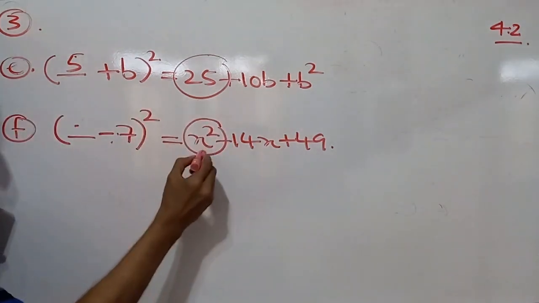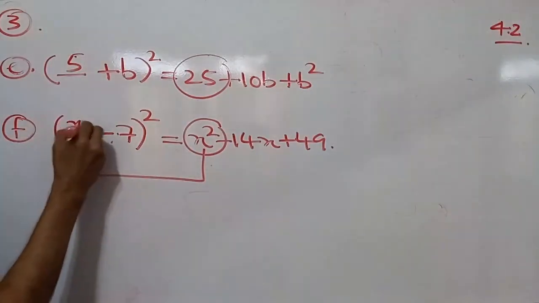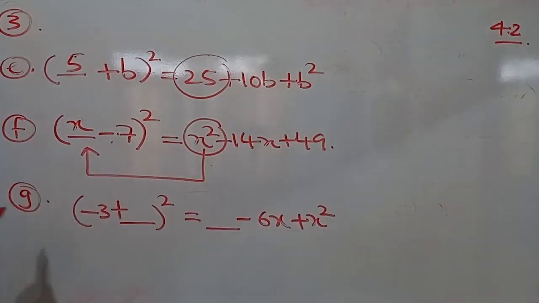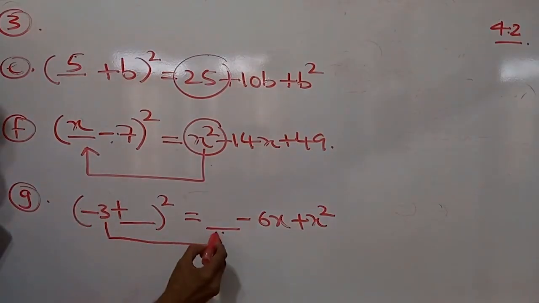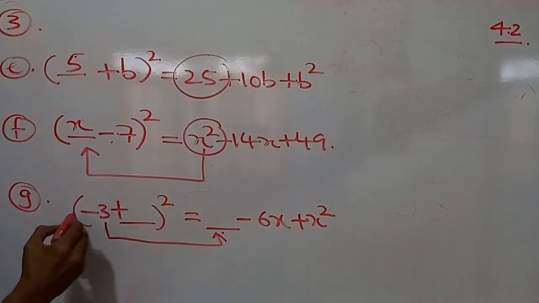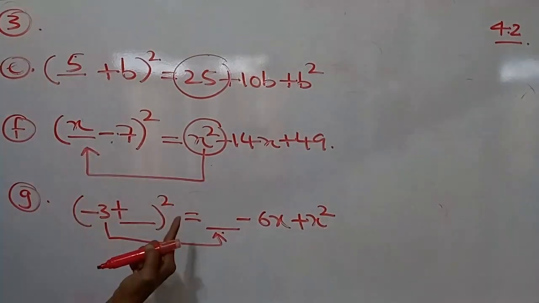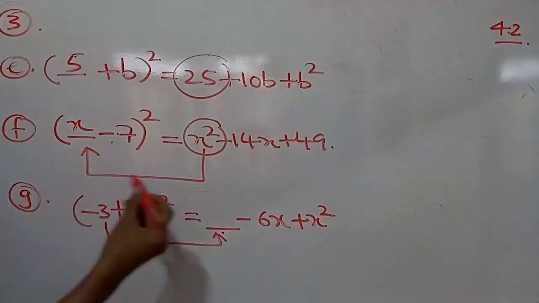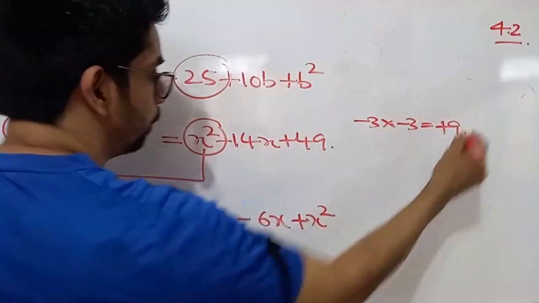So we can get that by what? Square rooting x squared. So that will be what? x. Okay. So we can fill that space by squaring negative 3. So 3 into 3, we know that is 9. Negative into negative, that is plus. Or negative 3 into negative 3, we know that is positive 9.